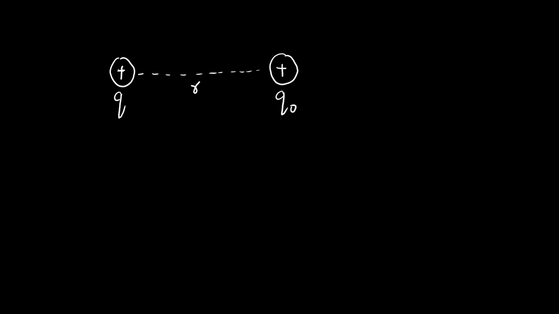Now let us calculate the electric field intensity exerted by a q naught charge, or test charge, near the Q charge, or near a point charge which is Q. How can we calculate electric field intensity around the Q charge felt by a q naught charge?